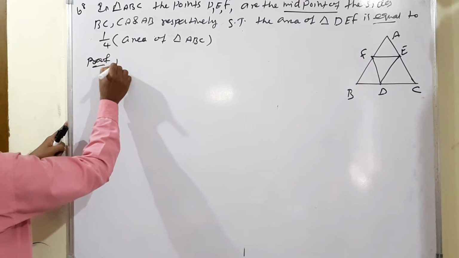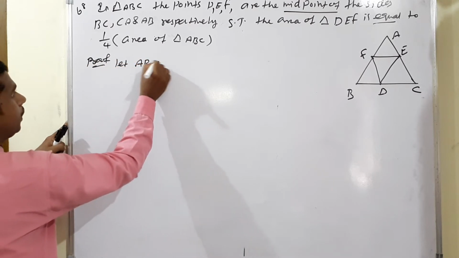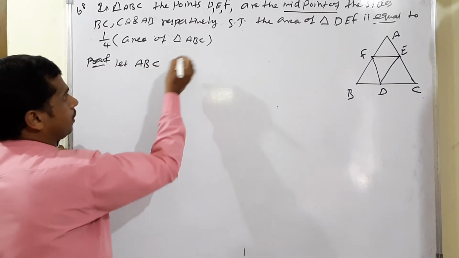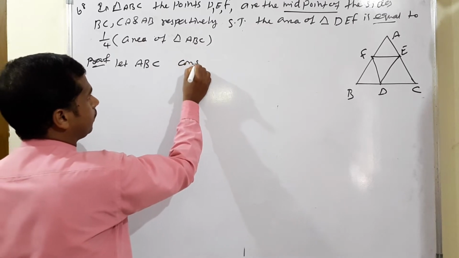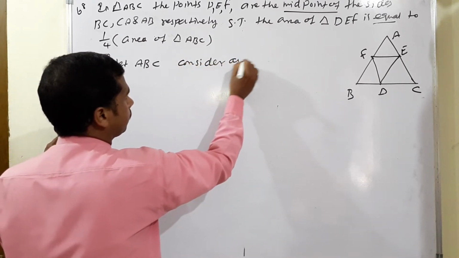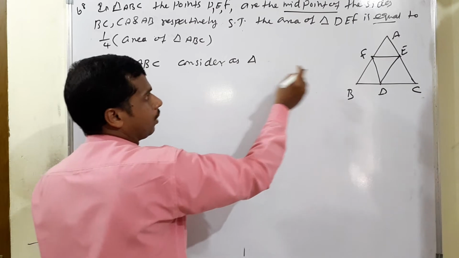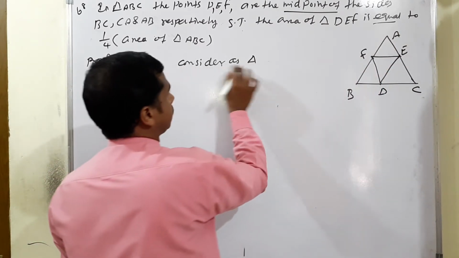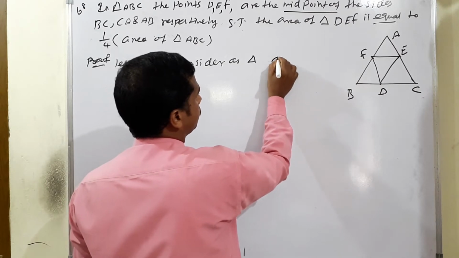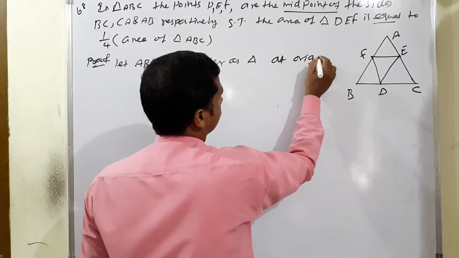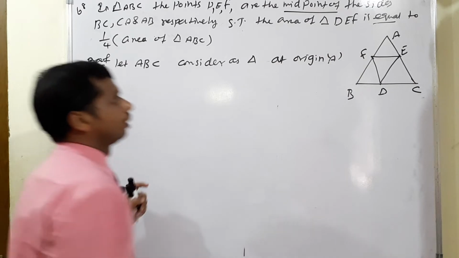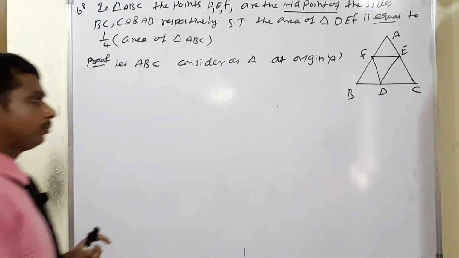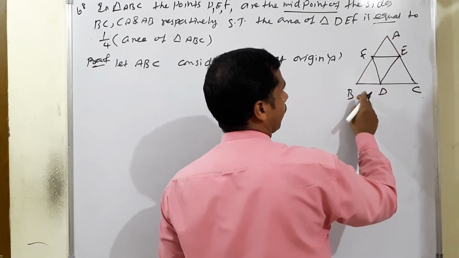Proof. Let ABC be considered as a triangle. Instead of O, we have to take the origin point as A. Consider the triangle at origin A. Then each and every position vector we have to identify.